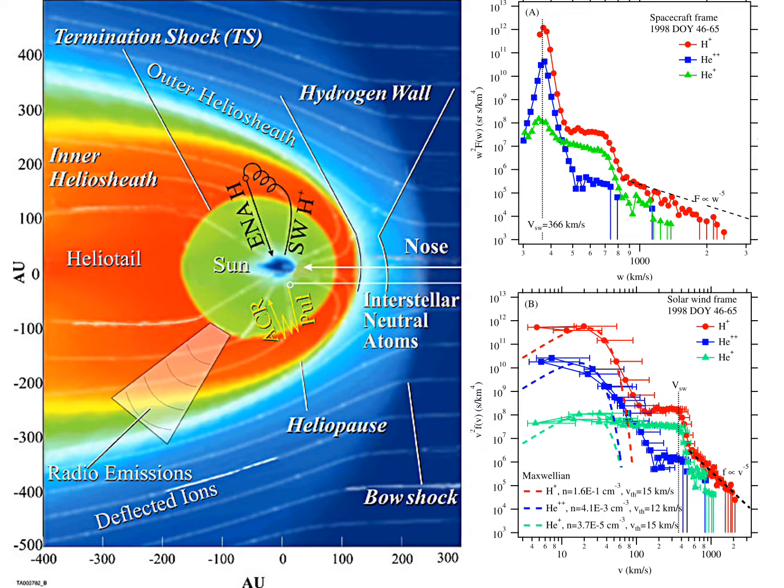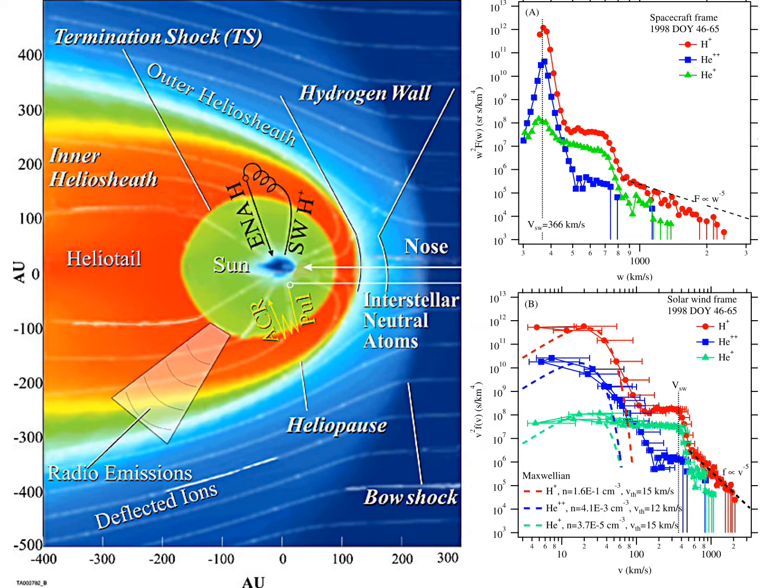On the right side, we show the spectra of a few ions, hydrogen, helium-1, and helium-2, in the solar wind in the spacecraft reference frame. At the bottom, we show their spectra in the solar wind reference frame.